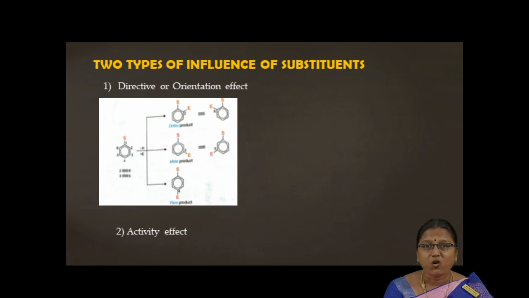Which products the reaction actually proceeds to give, ortho or meta or para, is predicted by the directive or orientation effect, which decides which product is formed predominantly.